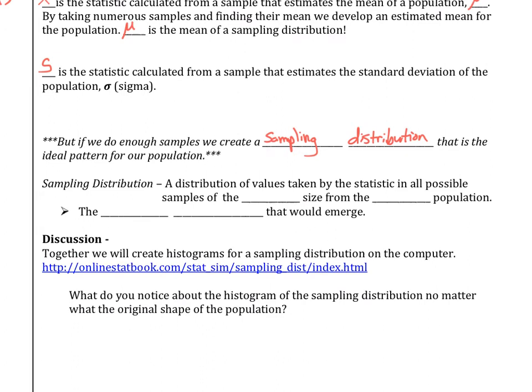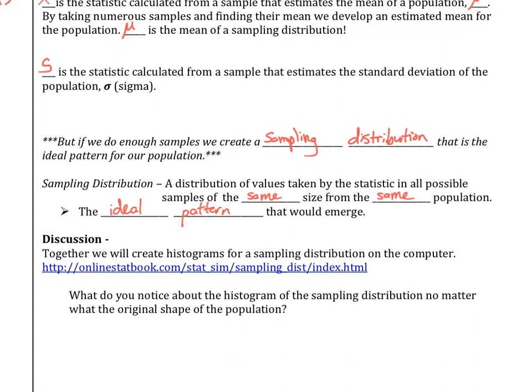And a sampling distribution is a distribution of values taken by the statistic in all possible samples of the same size and from the same population. Okay. The ideal pattern that would emerge.